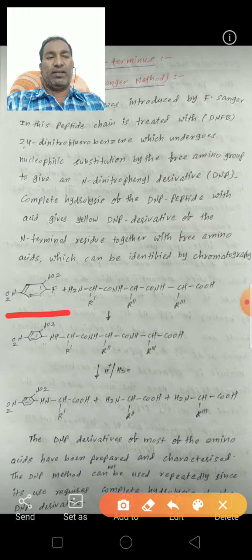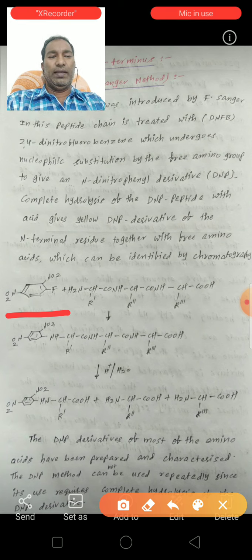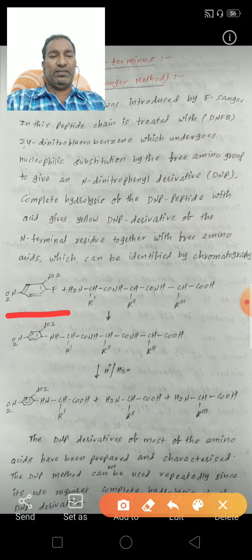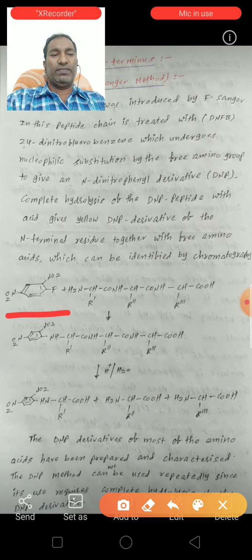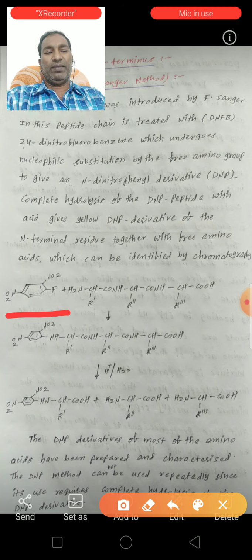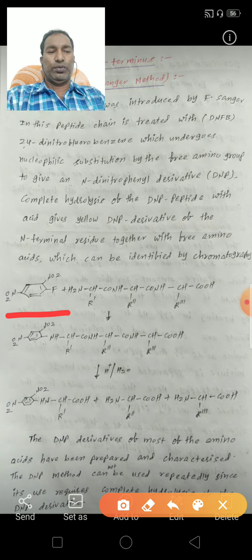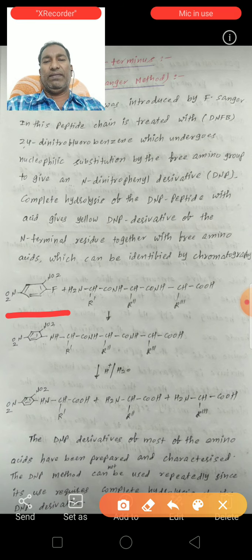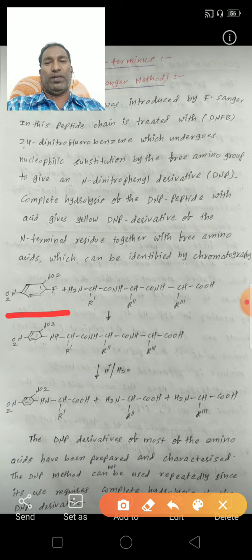Complete hydrolysis of the DNP peptide with acid gives the yellow DNP derivative of the N-terminal residue together with free amino acids, which can be identified by chromatography.